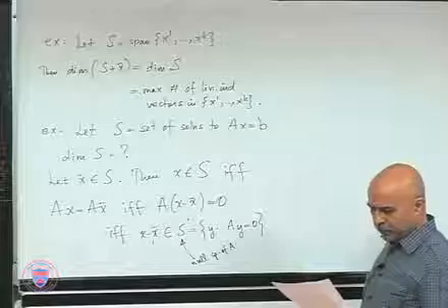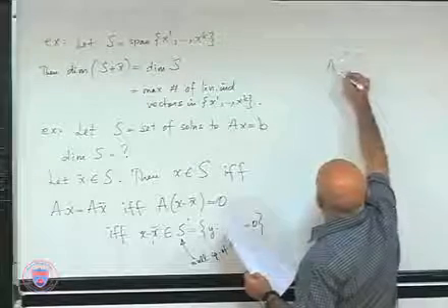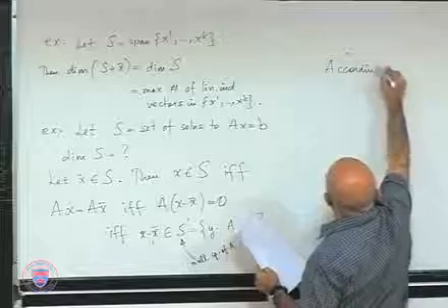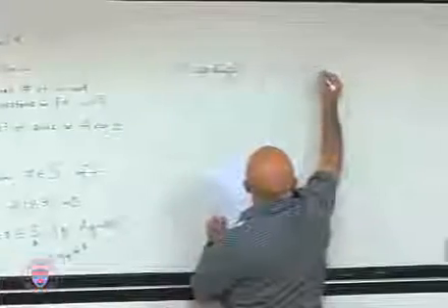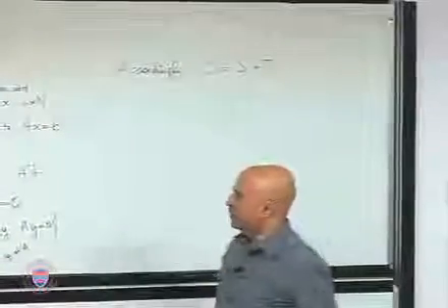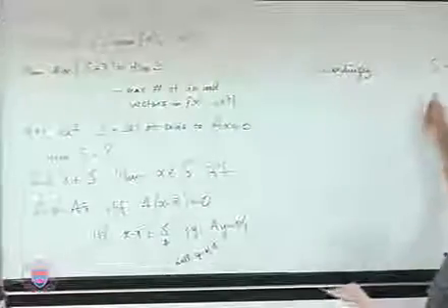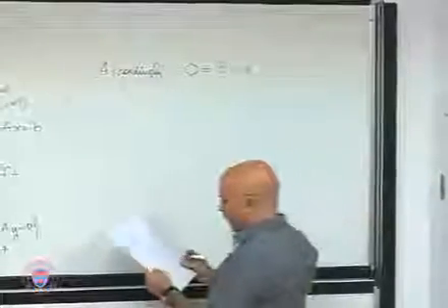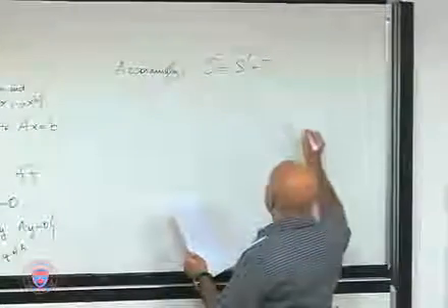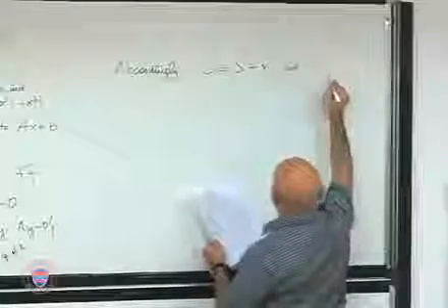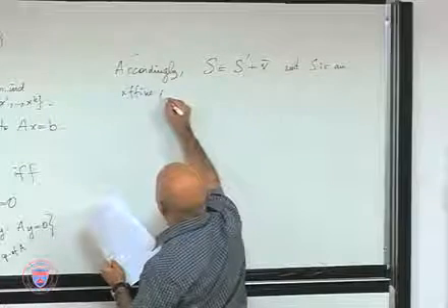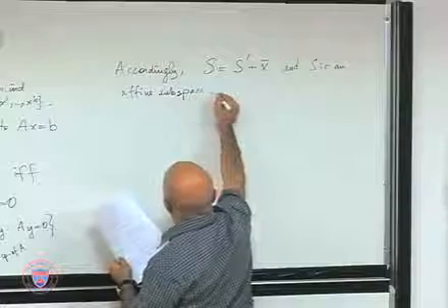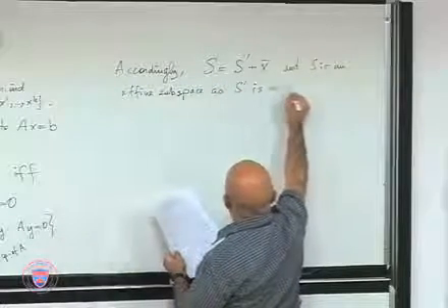For this reason, S is the same as S prime plus x bar. So the set of solutions to Ax equals b is obtained from S prime in this way. And of course, S is an affine subspace as S prime is a subspace.